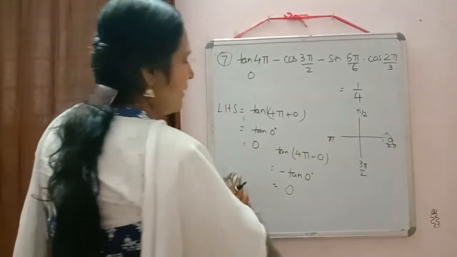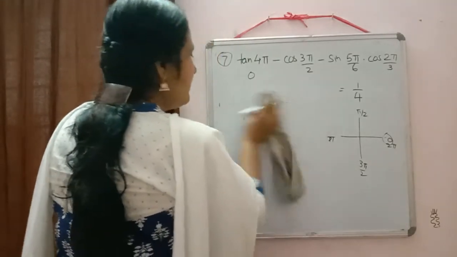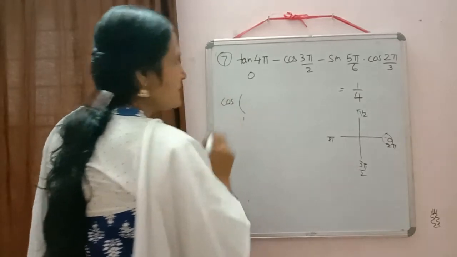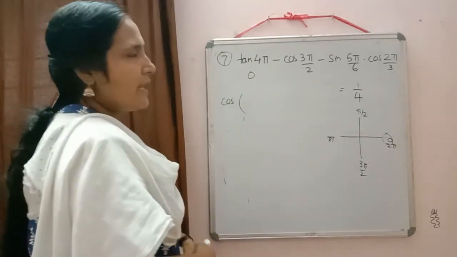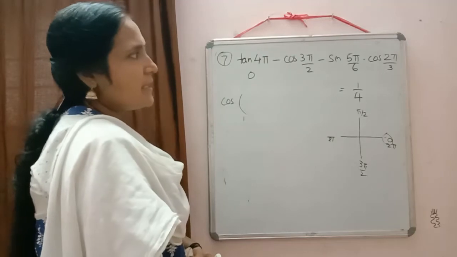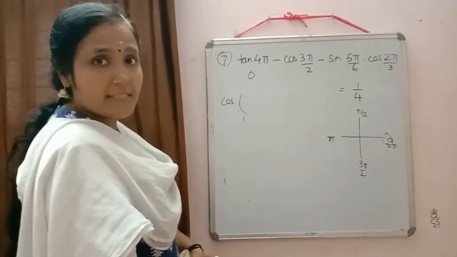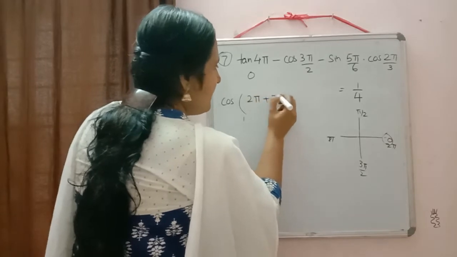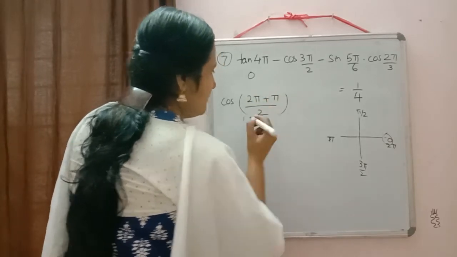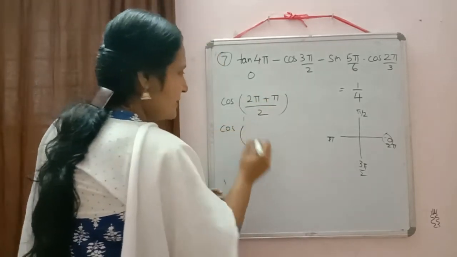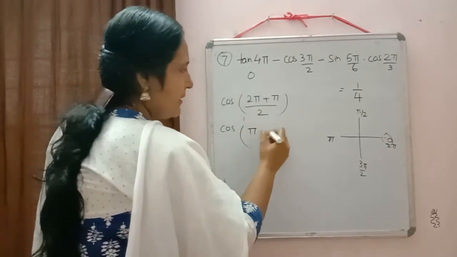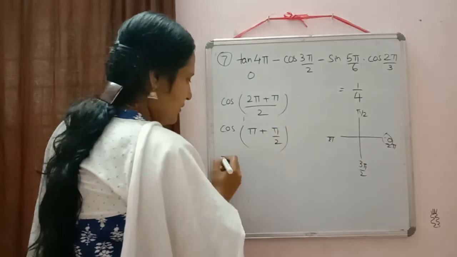Now next we have cos 3 pi by 2. Again, just to check the multiplication table of 2, can we write 3 pi by 2 as 2 pi plus pi by 2? So if we write it separately, then the 2 and 2 will get cancelled. Here we will get pi plus pi by 2.